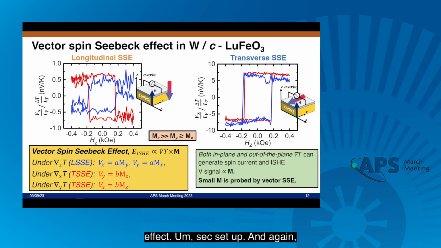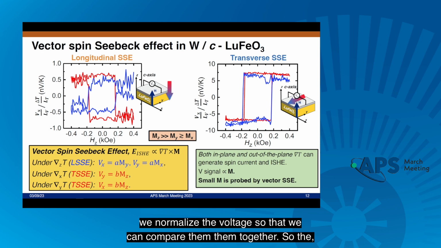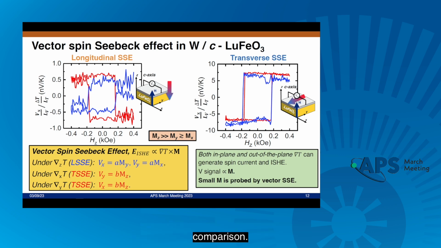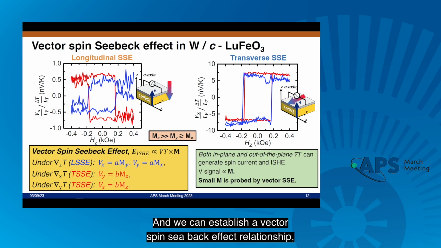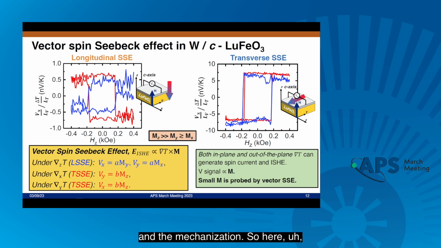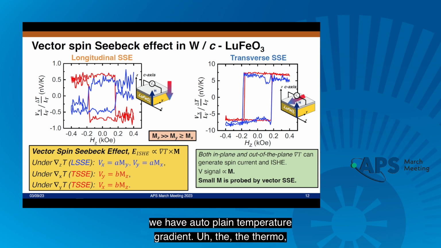Again, we normalize the voltage so that we can compare them together. So the temperature gradient and the sample dimension are considered in this comparison. And we can establish a vector spin Seebeck effect relationship between the detected thermal voltage, the temperature gradient, and the magnetization.